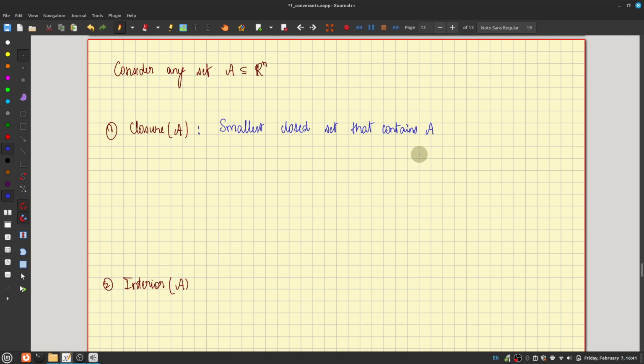How do I visualize the smallest closed set that contains A? I'm given the set A, so obviously I potentially have to add some more points to make it a closed set. What are those points that I have to add? Not necessarily just the boundaries, as we'll see in a little while.